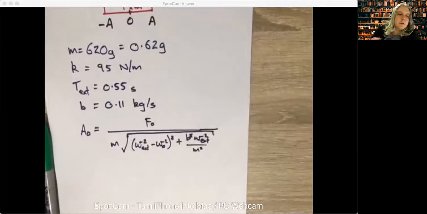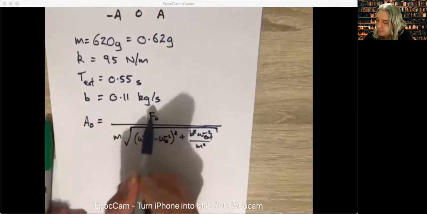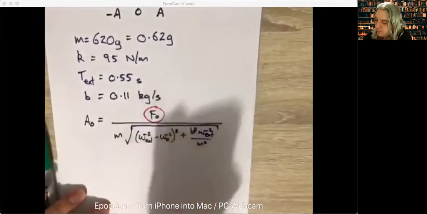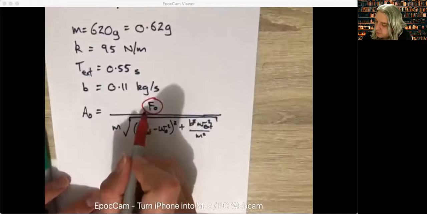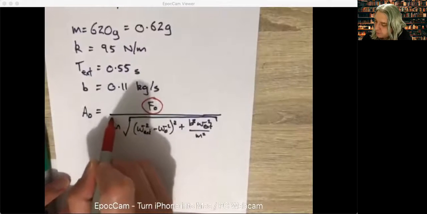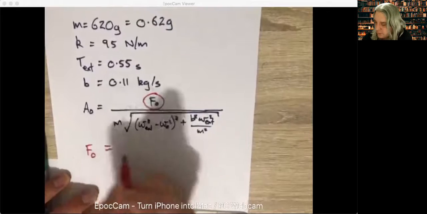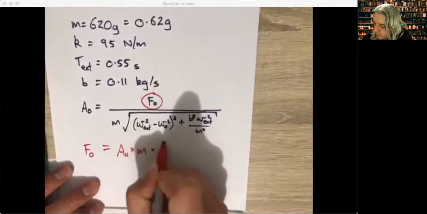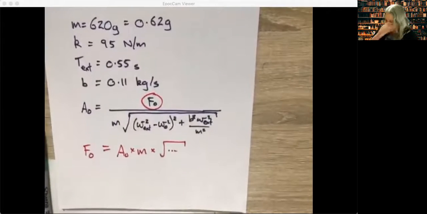We've got to now rearrange it because we want to find F naught. That's what we're looking for. That's quite simple. We just multiply both sides by this whole bottom of the fraction. So F naught is equal to A naught times m times that whole square root.